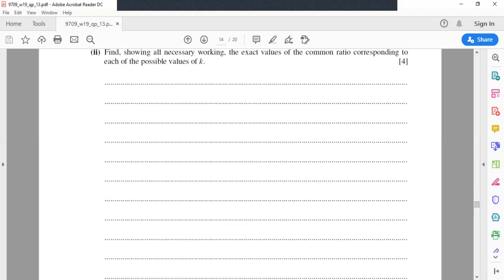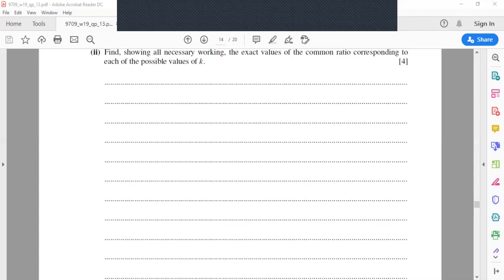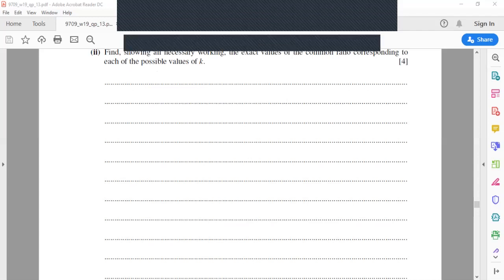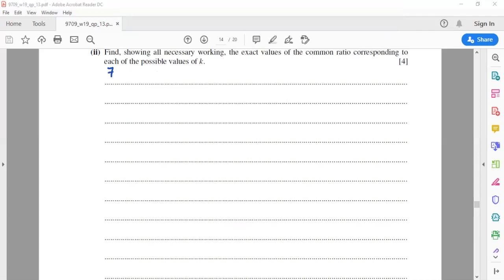So we use the equation we have made already, the quadratic equation 7k square minus 48k plus 36 equals 0. When we solve it directly using the calculator, we get the values k equals 6 and k equals 6 over 7. These are the two values we get.